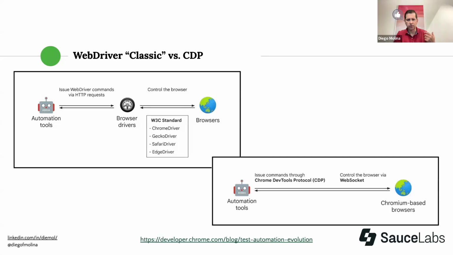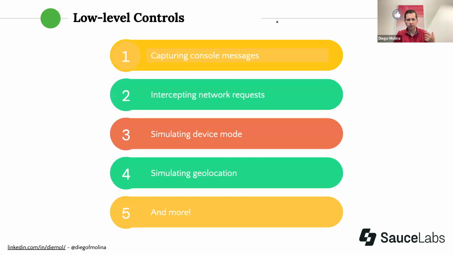There are a bunch of low-level use cases that we also need to assert to make sure that our web application works well. For example, your web application may look fine when you play with it, but if you check the console messages and see a bunch of errors, then actually it's not working well.